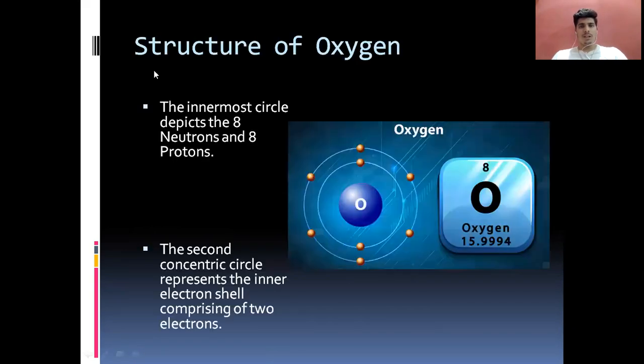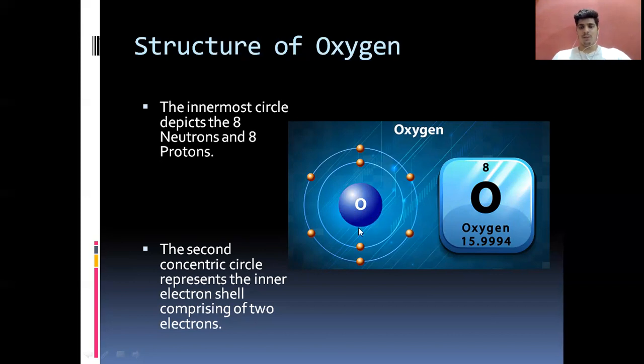So here we can see the structure of an oxygen atom. The innermost circle depicts the 8 neutrons and 8 protons. Here we can see a blue ball with O written on it, the symbol for oxygen in the table, and this blue circle comprises 8 neutrons and 8 protons.